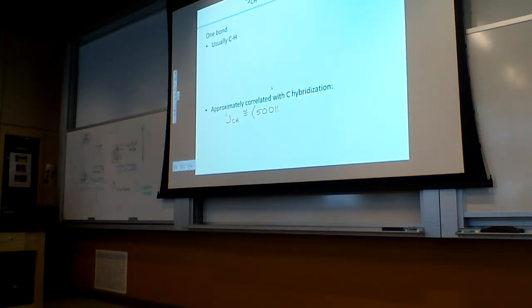So if we have J, or one bond J between the C and the H, it's going to be approximately 500 hertz times 1 over n plus 1, where n is the hybridization state of the carbon.